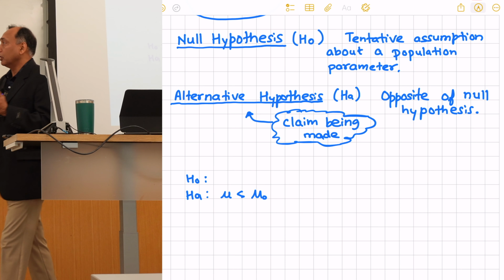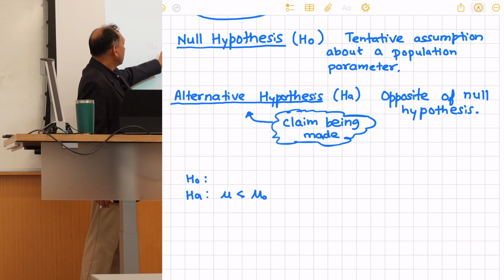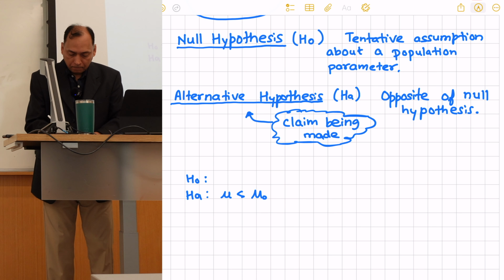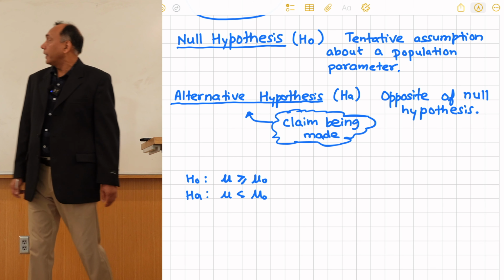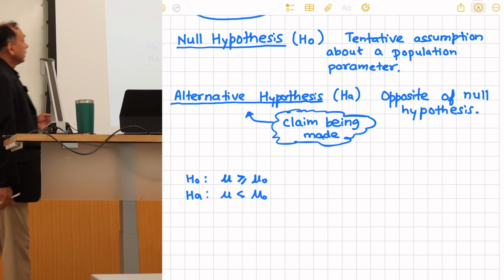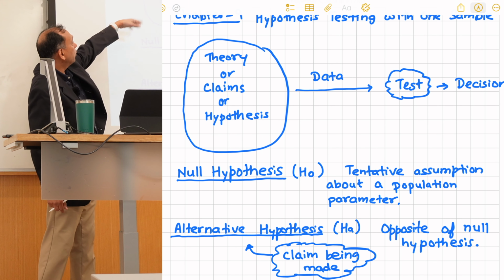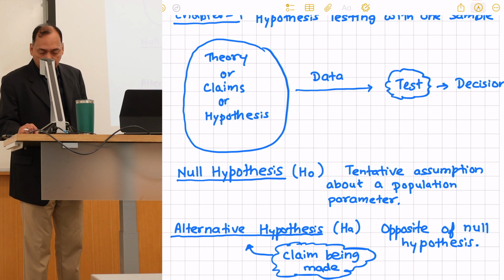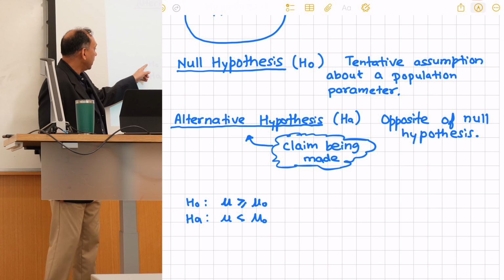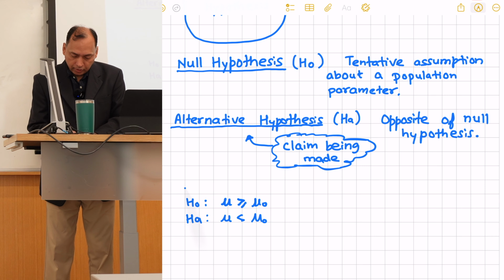In the long run, that's what somebody may claim. Once you put that claim here, the opposite of this is mu is more than or equal to mu 0. It cannot happen that both are right. After testing the claim or hypothesis with data, your decision will indicate whether this or this is right. So only one of them can be correct. So this is the first situation.